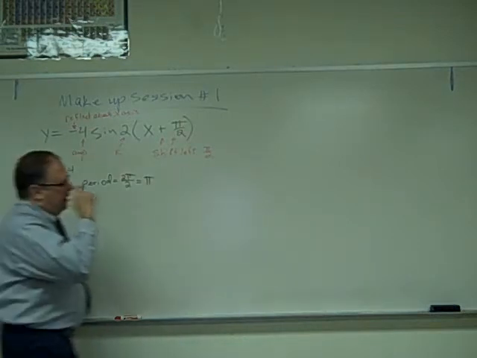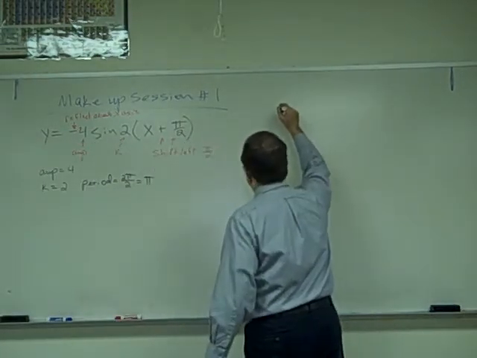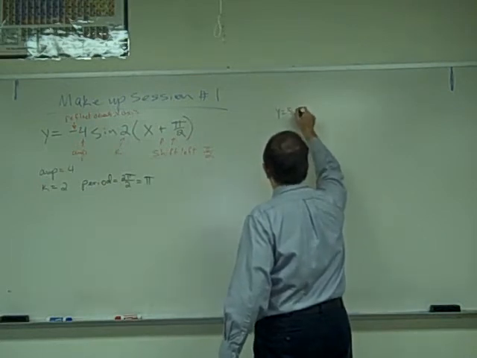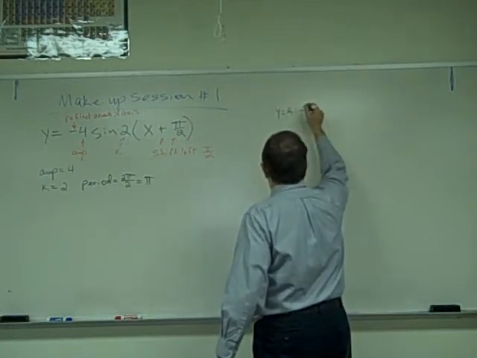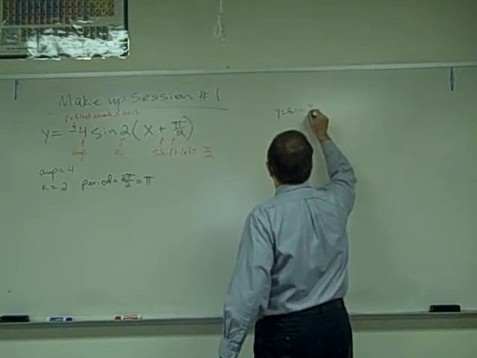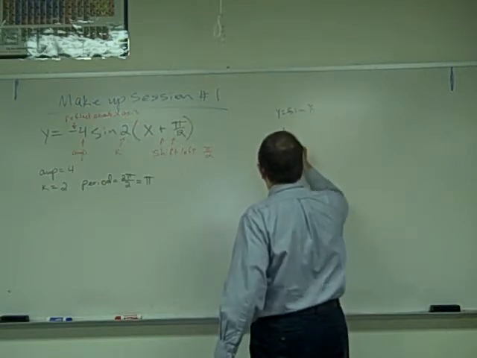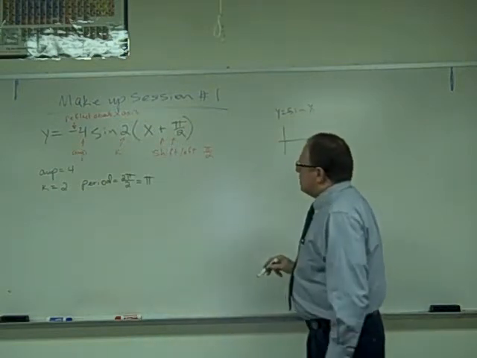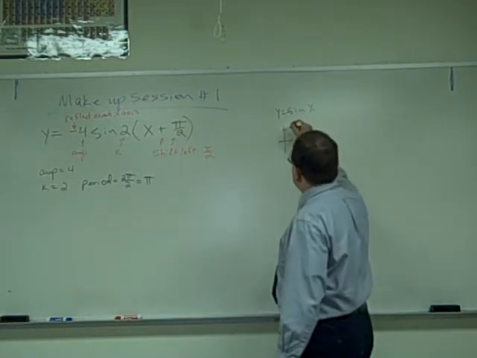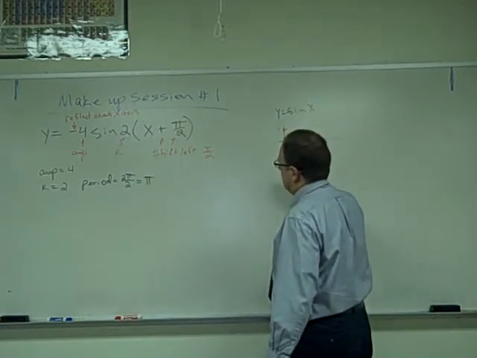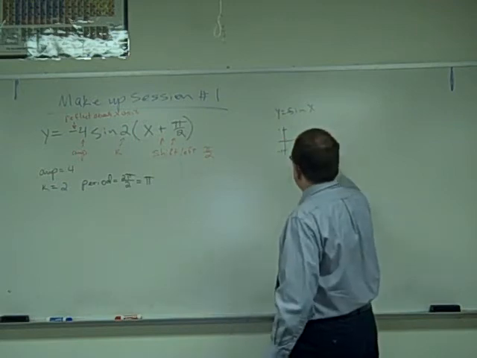So if we look at y equals sine, and we'll use y equals negative sine x, before anything else, here's 1 and negative 1. We're not considering our amplitude yet.